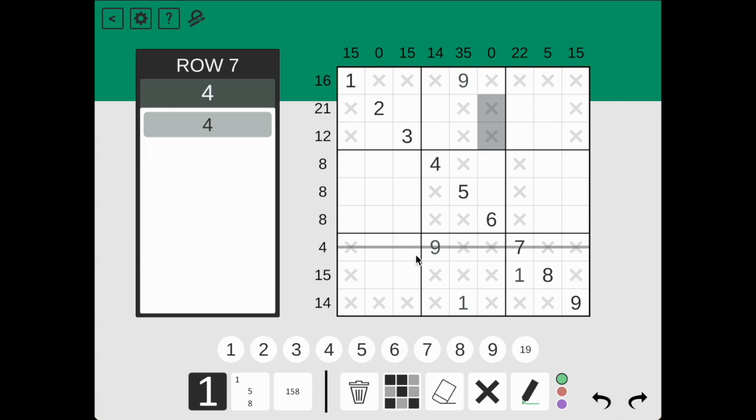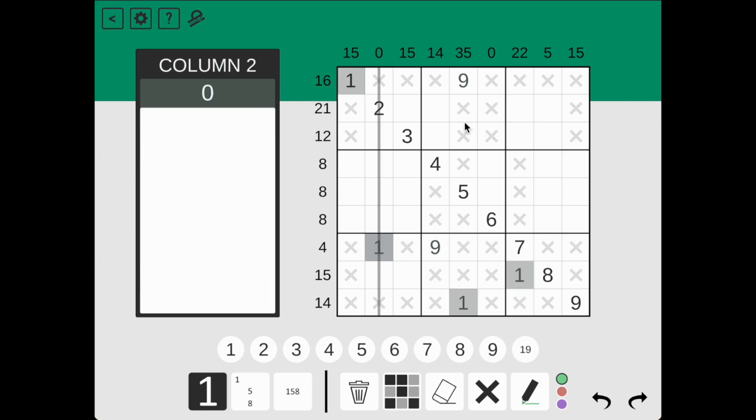And now for this row, there's 1 digit between the 1 and the 9, which is right there. And then in this column, the 1 and the 9 are next to each other, so the 9 could be here. This square only has one spot left, so the 9 is right here.